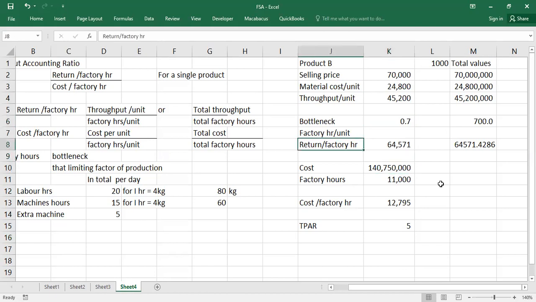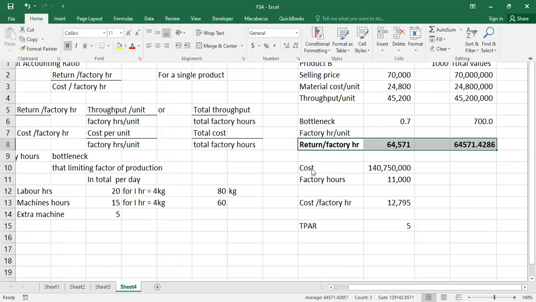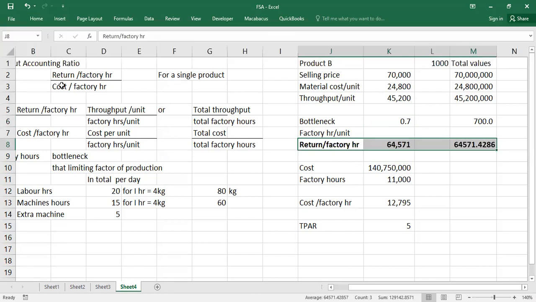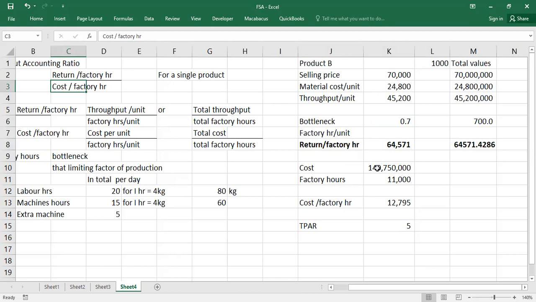So this is not enough. If you have this, it's not enough. You must get now the total cost per factory hour. You need to get it for you to get throughput accounting ratio. So you come back here. Now, when getting it, it's given as total cost divided by total factory hour, which is what I used because I was given total cost.